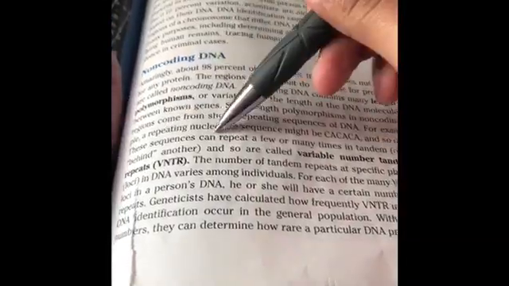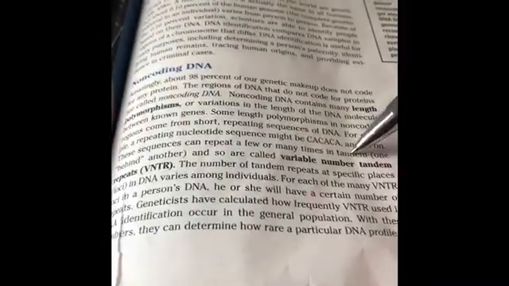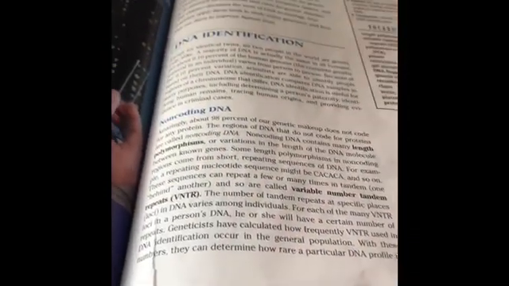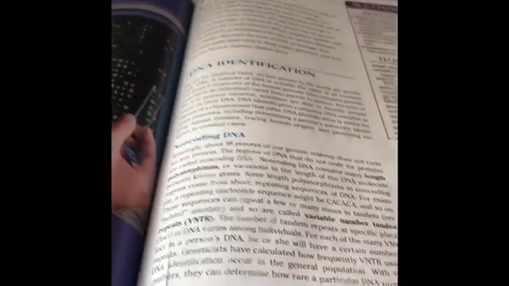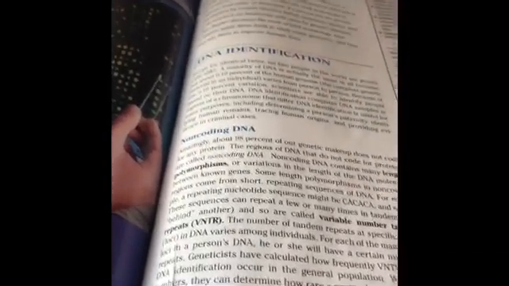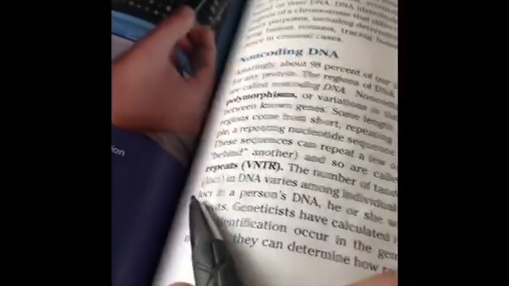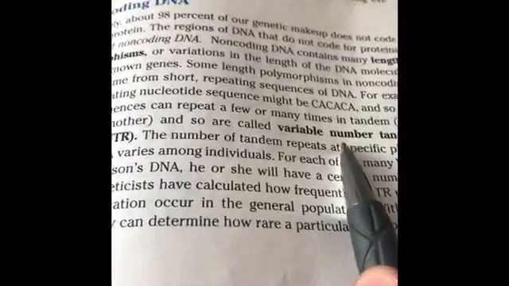So these sequences can repeat a few or many times in a tandem. A tandem is one behind another sequence. So basically it's like CA, and then one behind another, and another small sequence right after that. So it's like repeating. And those are called variable number tandem repeats because it varies.